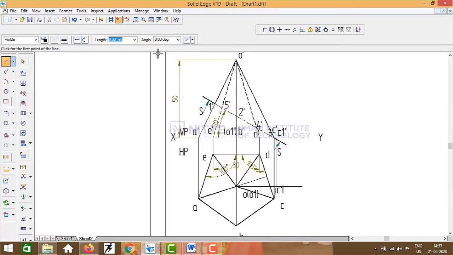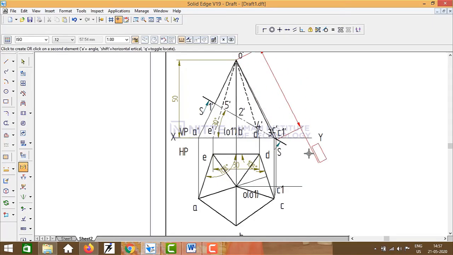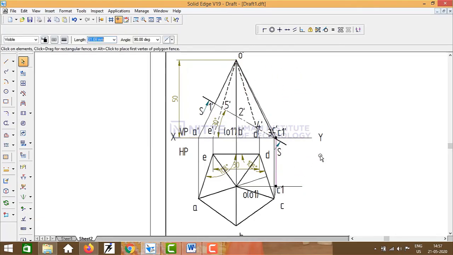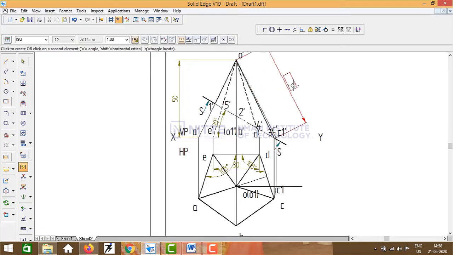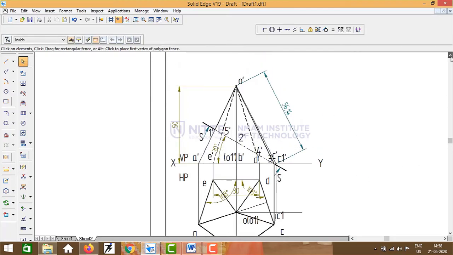Join O dash with C1 dash with a construction line. Okay, so this distance from O dash to C1 dash is the true length of the slant edge.